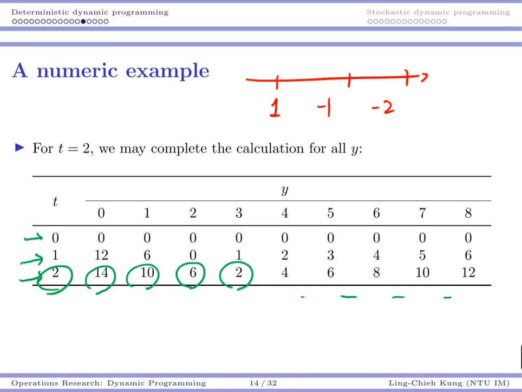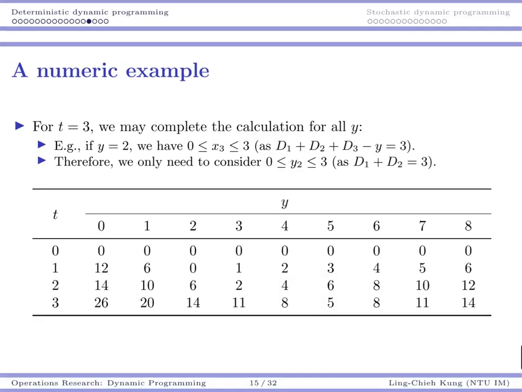We're going to fill up the table one number by one number, one row by one row. And every time I want to make the calculation for one number, I probably need to check some values in the previous row. That's pretty much what I need to do. So very quickly, if t is 3, then we do the same thing.